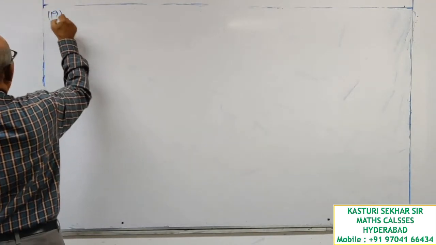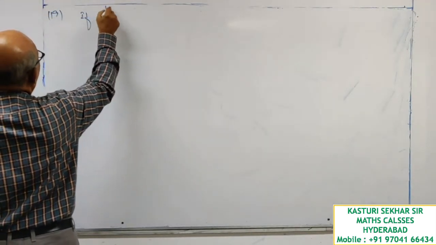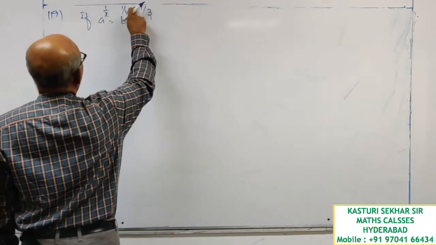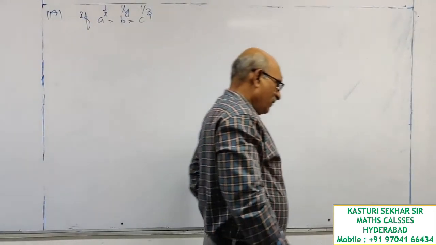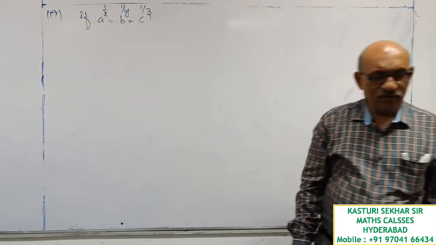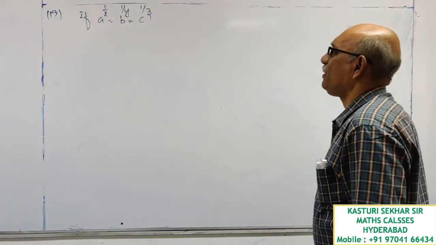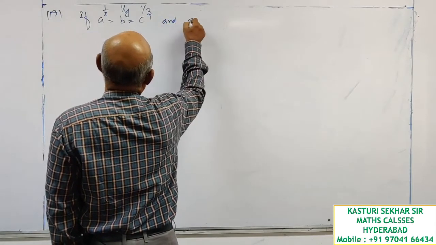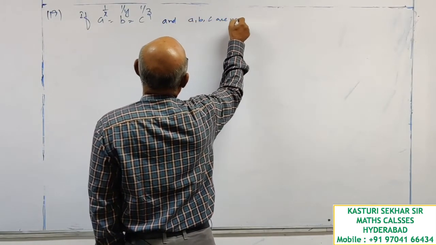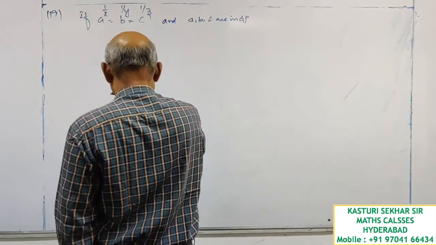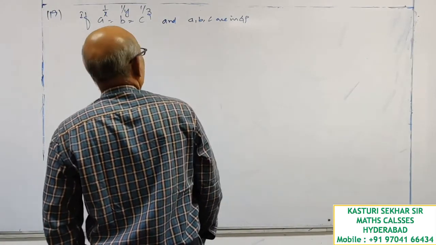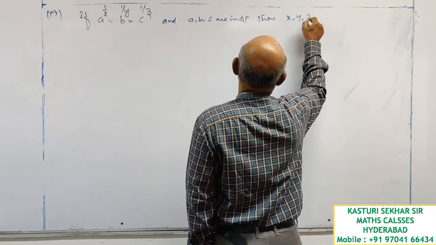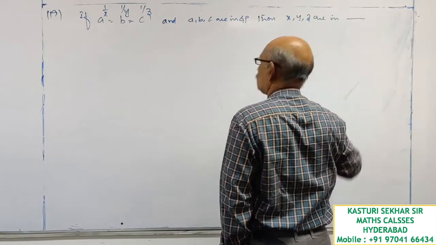Question number 119. If a power 1 by x is equal to b power 1 by y is equal to c power 1 by z, and a, b, c are in geometric progression, then x, y, z are in dash.